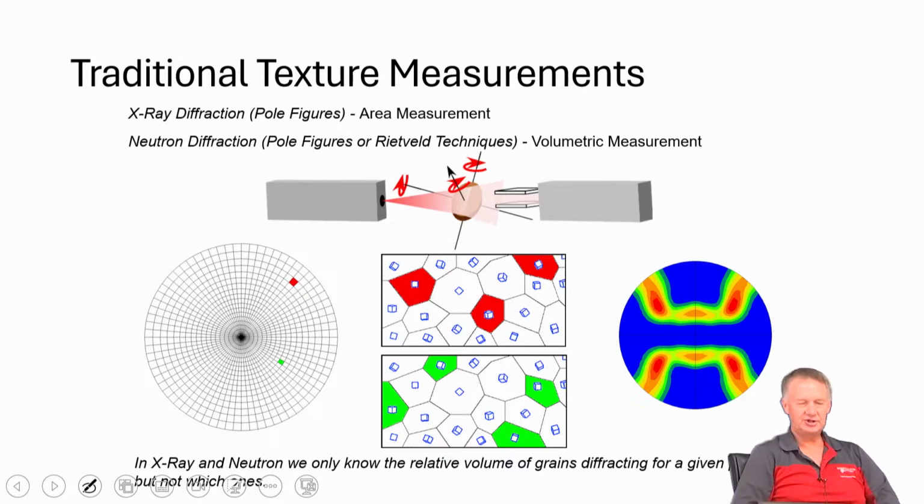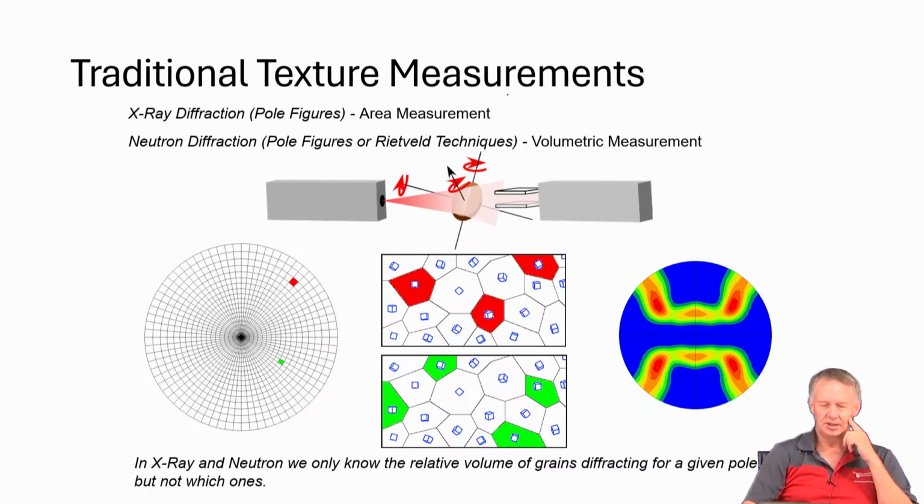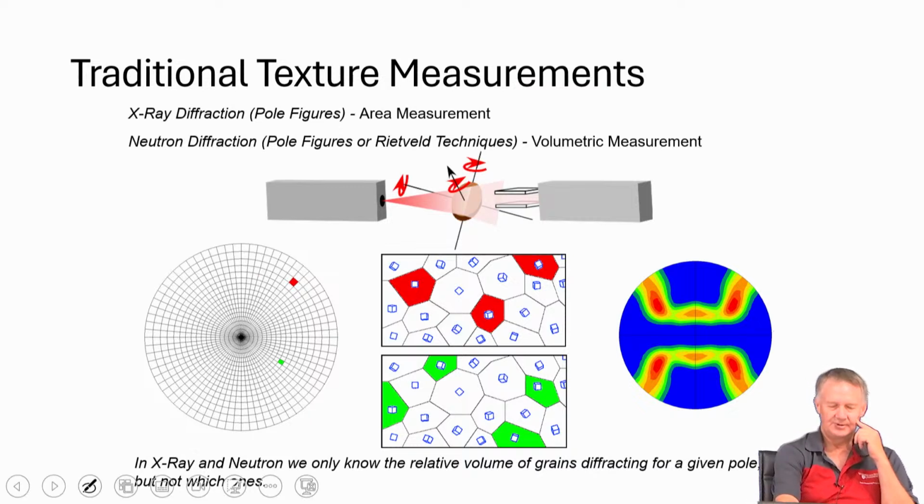So traditional X-ray or neutron diffraction texture measurements, how they are typically performed. Your radiation is basically looking over a large area, or in the case of neutrons, a volume of sample.